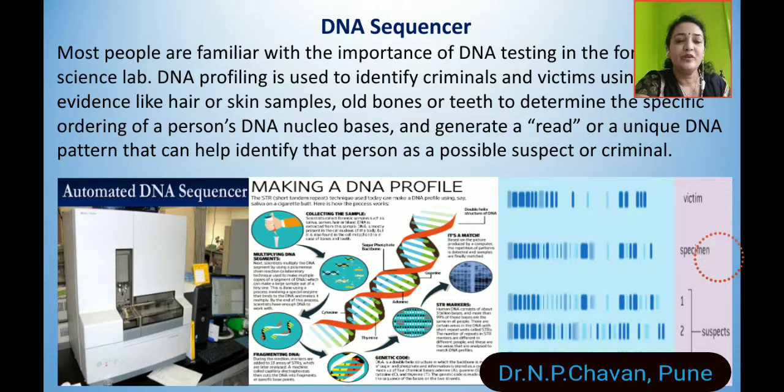But in forensic science, DNA profiling is used to identify the criminals and victims using trace evidence like hair, skin samples, old bones or teeth to determine the specific ordering of a person's DNA nucleobases and generate a rare, unique DNA pattern that can help identify that person as a possible suspect or criminal.